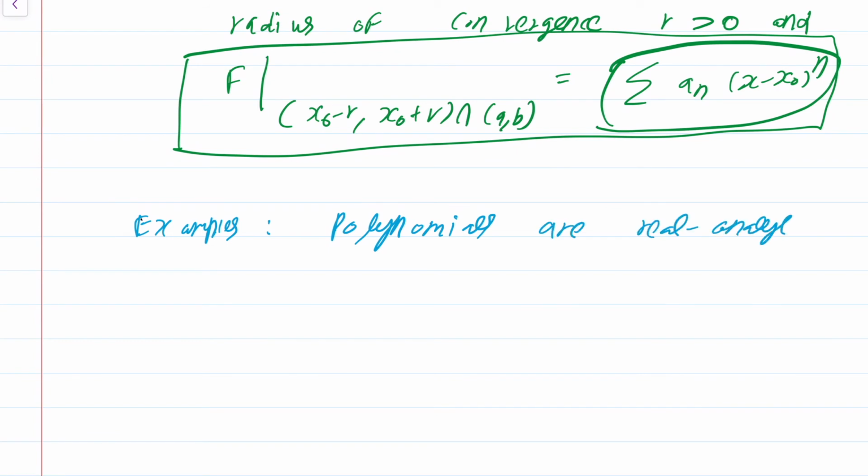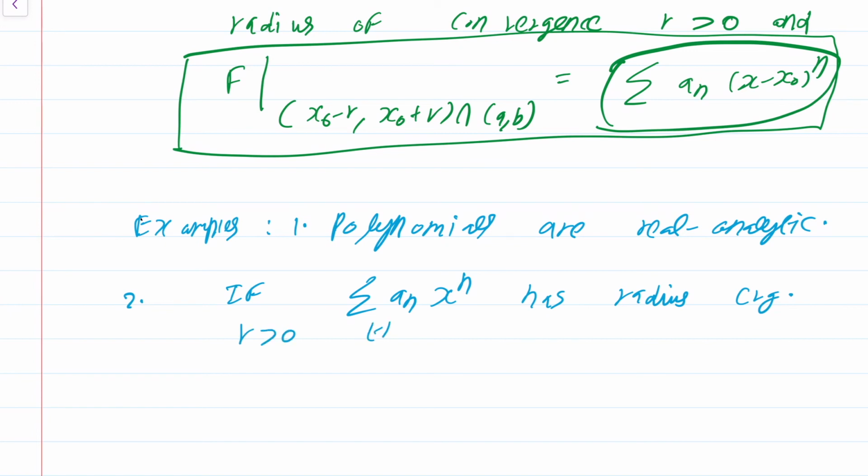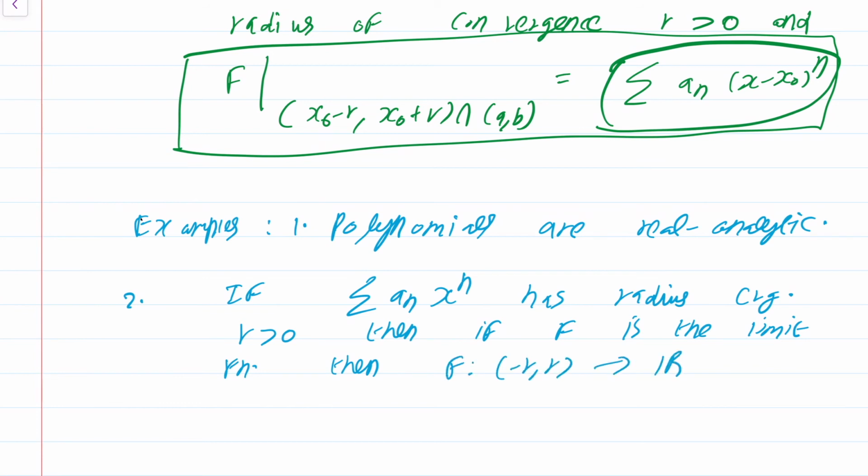I leave it to you to check this. Now, you might be thinking that there is another obvious example. If summation an x to the n has radius of convergence r greater than 0, then if f is the limit function, then f from minus r to r to the real numbers is real analytic.